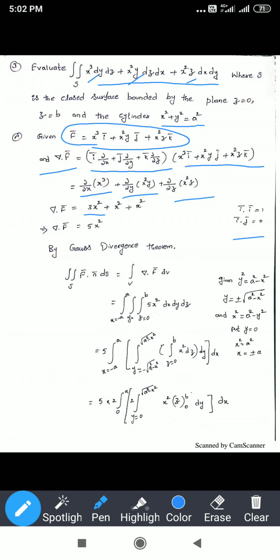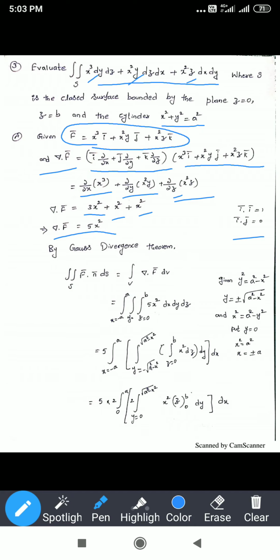With respect to y, x square is a constant, and differentiating y gives 1, so 1 into x square, you get x square. Here also x square is a constant because you are differentiating with respect to z, and z gives 1, so 1 into x square, you get x square. Adding all these x squares, you get del dot f bar is equal to 5x square.